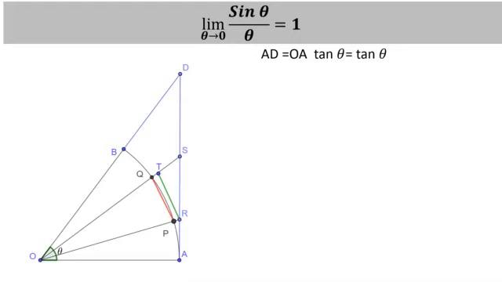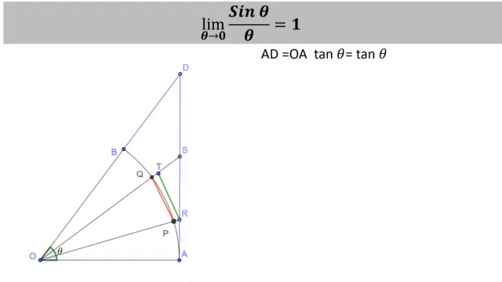Now let us divide the sector OAB, that is the section of the circle, into three parts. Let us take one of these parts, OPQ, as shown here, and let us extend OP and OQ, and say these extended lines intersect AD at points R and S.